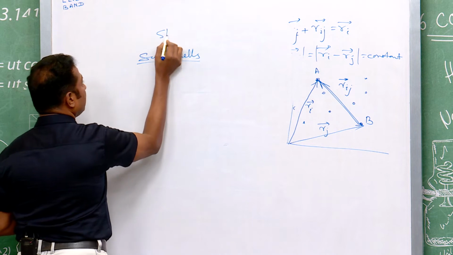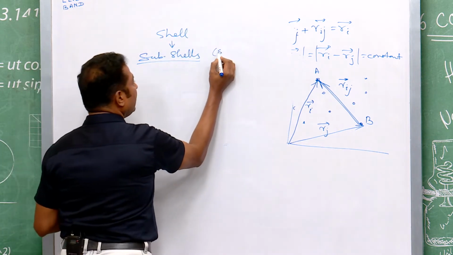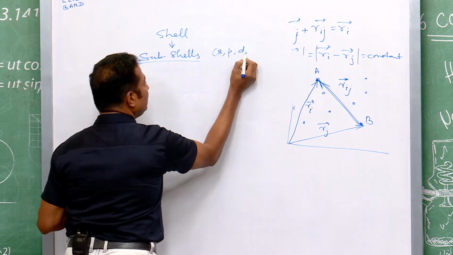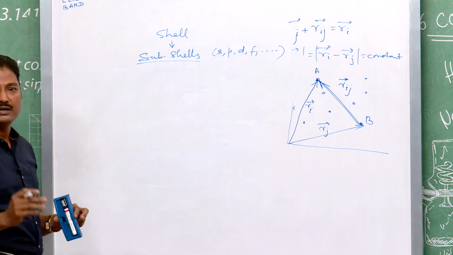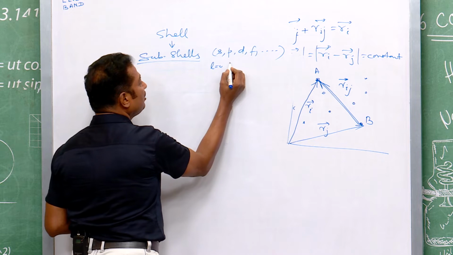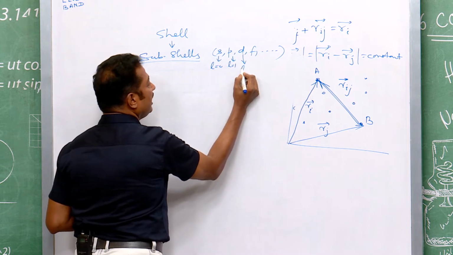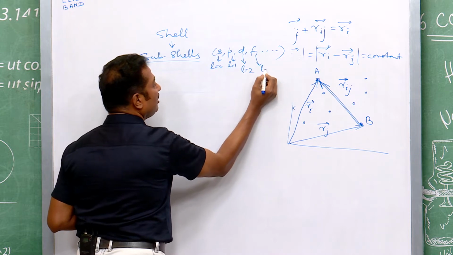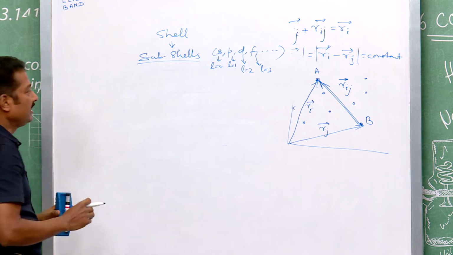They are the S subcell, P subcell, D subcell, F subcell, etc. And they are represented by some number: L equal to 0, L equal to 1, L equal to 2, L equal to 3 for S, P, D, F. In this way, they are given.